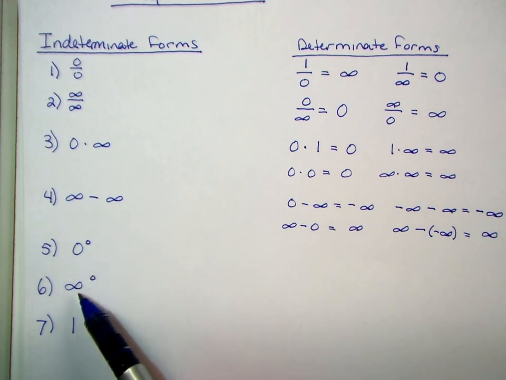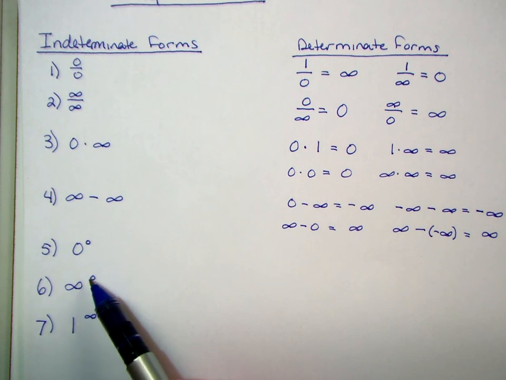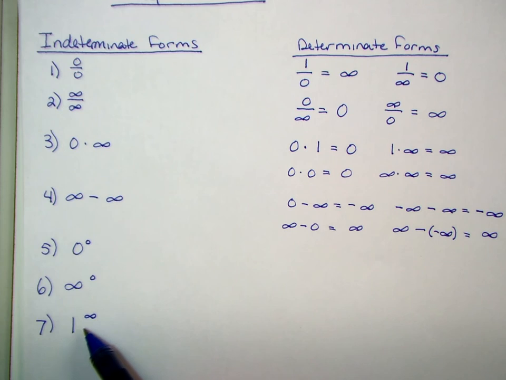Same thing with infinity. If our base function is headed to infinity and the exponent is headed to 0, this is indeterminate. And then this is really weird to think about. The limit of the base function here is 1, but it's headed to 1. So it's not really a true 1. And this function is headed to infinity. So when we look at a limit heading to 1, it's not exactly equal to 1. So we get something like 0.9 to the infinity power, or 0.95 to the infinity power.